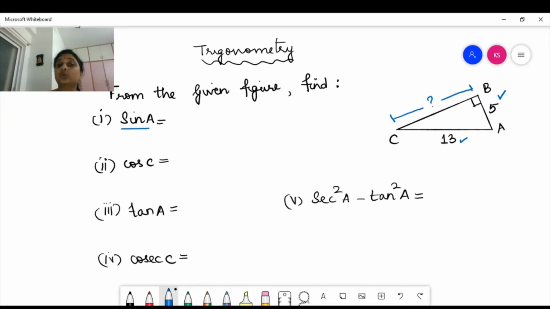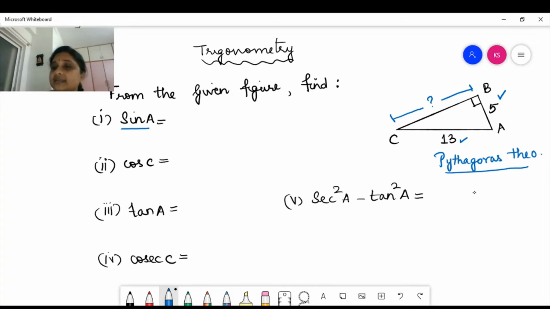But before we go on to this trigonometric ratios, you all know what theorem to apply to find the third side of a right angle triangle, isn't it? So we use the theorem, that's Pythagoras theorem. Yes. What does the Pythagoras theorem say?